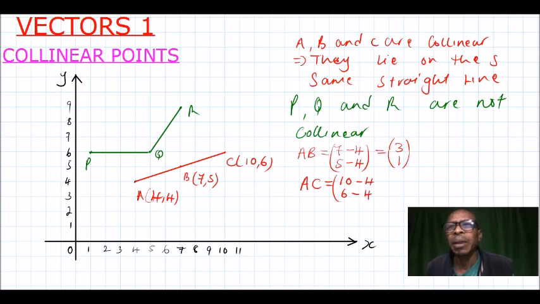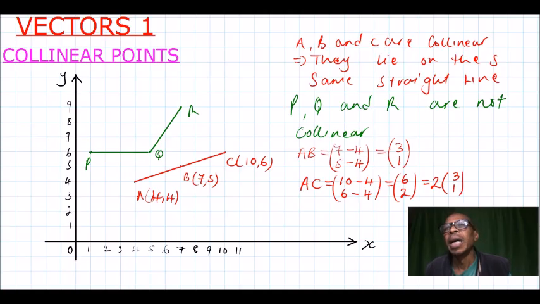So that will give us 10 minus 4 is 6, and 6 minus 4 is 2. So that is the column vector. Now for the column vector AC, we can factor out 2, and you'll be left with 3 and 1.